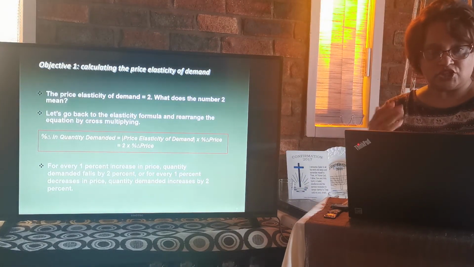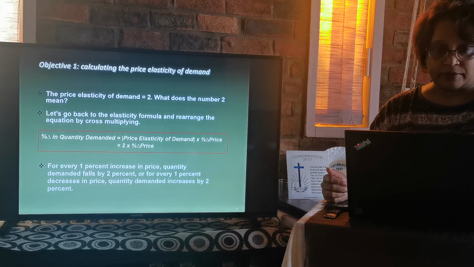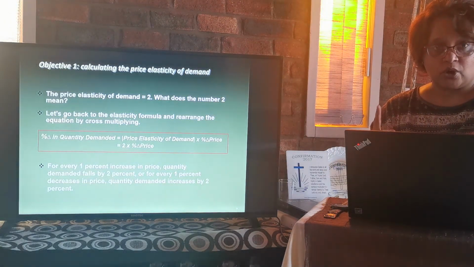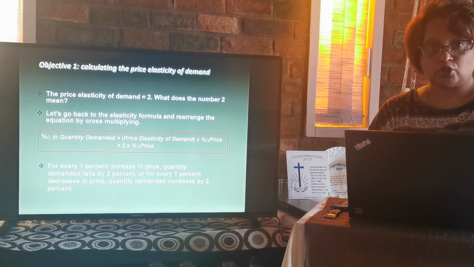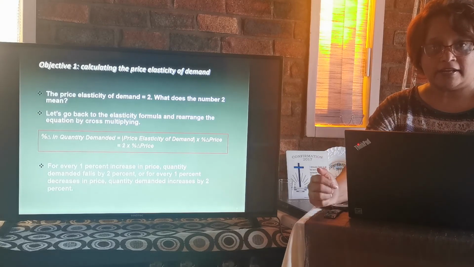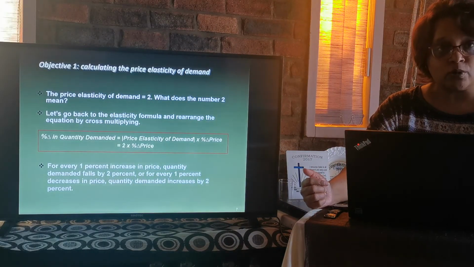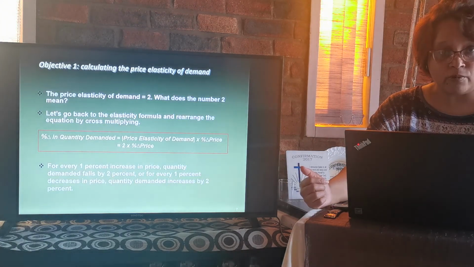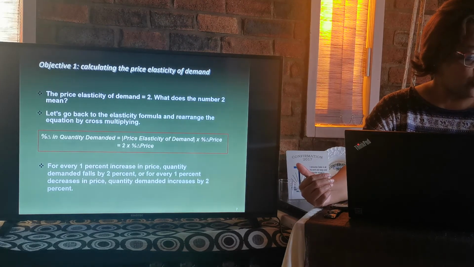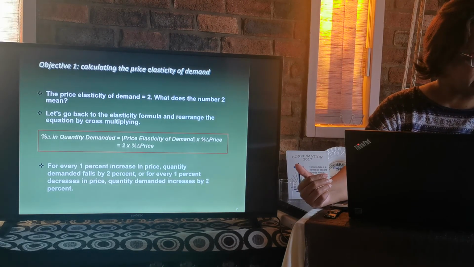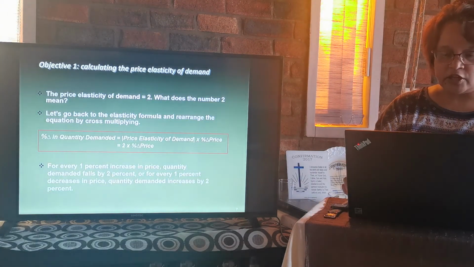Remember the inverse relationship? Are we clear about that? I hope so. These notes will also be emailed to each and every individual so that you can recap. But you will also find it on page 31 right through to page 33 in your textbooks.